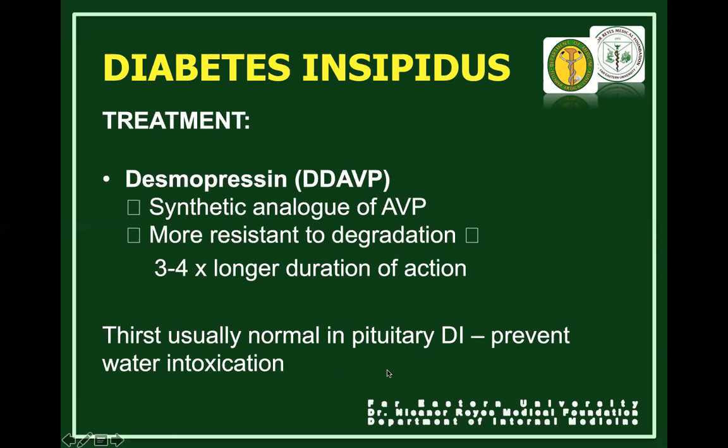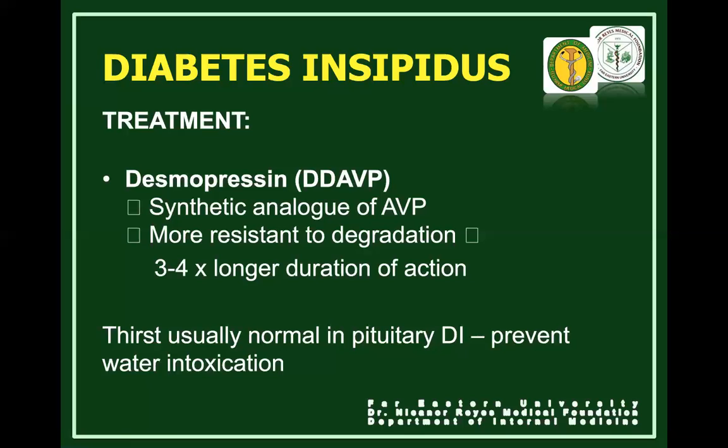Usually, if the thirst is normal in pituitary diabetes insipidus, you prevent water intoxication. That's why we don't give the DDAVP on a specific time basis without assessing the polyuria of the patient. Otherwise, if you just give them one injection every 24 hours, you can go into water intoxication, because sometimes the effect can be more than 24 hours.